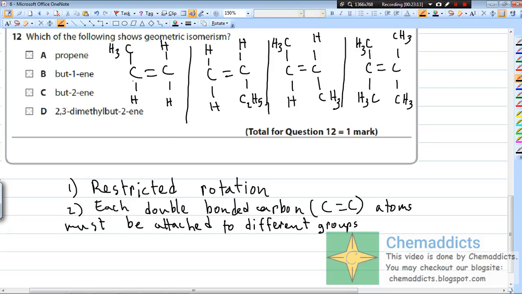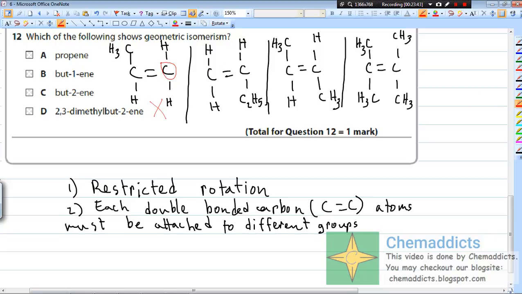If we study these molecules, we will see that this particular double bonded carbon atom is attached to two same groups. This is hydrogen, two hydrogens are attached to this carbon atom, so geometric isomerism is not possible for this molecule.